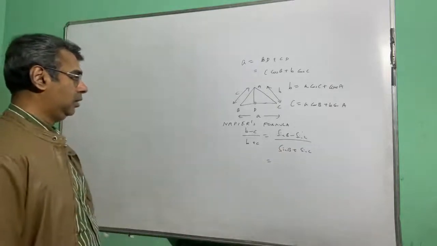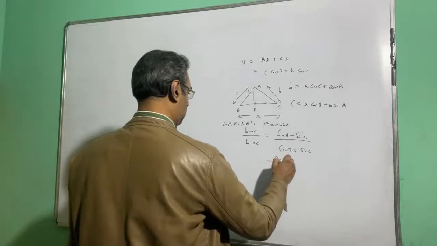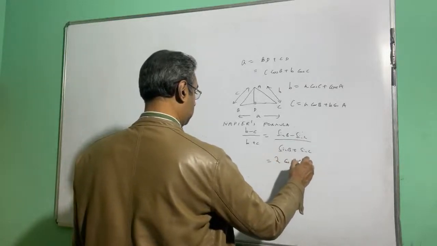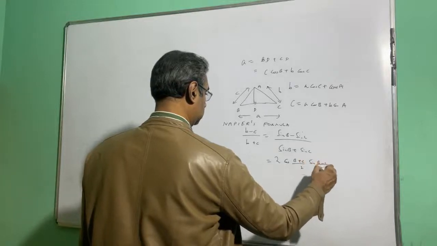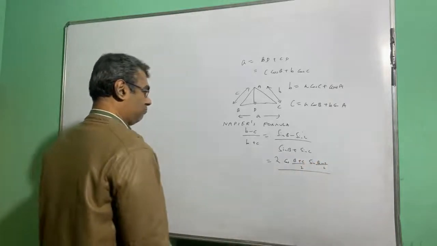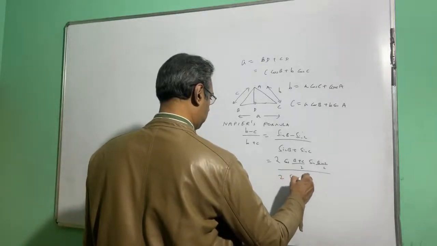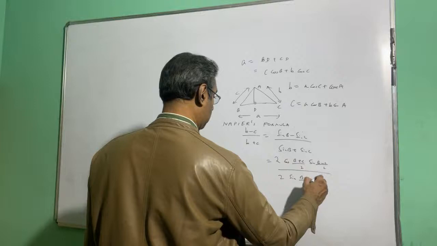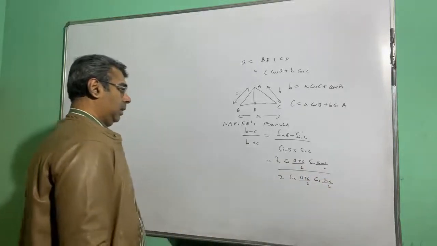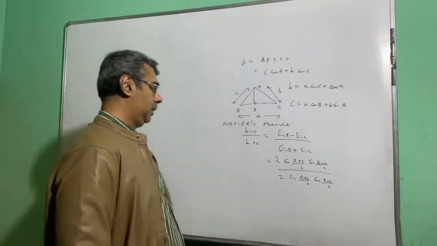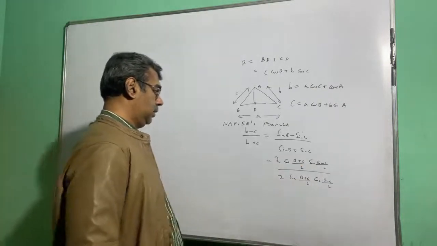Okay, the next one is called Napier's formula. (B minus C) by (B plus C) is (sin B minus sin C) by (sin B plus sin C). So it's 2 cos (B plus C)/2 sin (B minus C)/2 over 2 sin (B plus C)/2 cos (B minus C)/2.